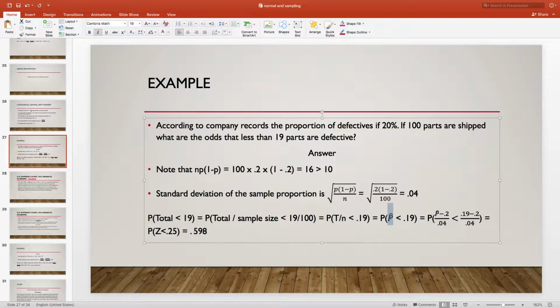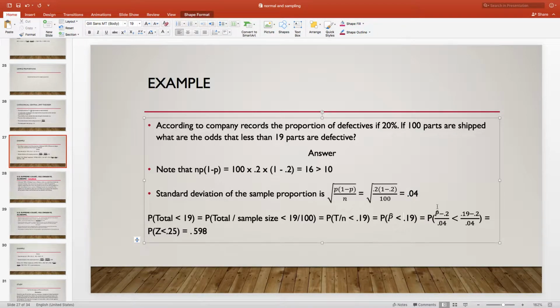So now I have my sample proportion because the total divided by n is the sample proportion. And I'm calculating the probability the sample proportion is less than 19%. Well, this probability comes from a normal distribution where the mean is the 20% given and the standard deviation is 0.04. So I just have to take the z-score.